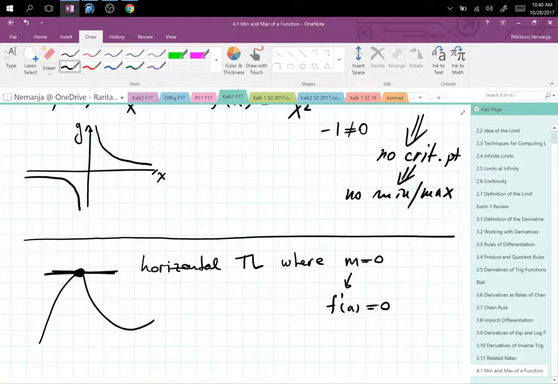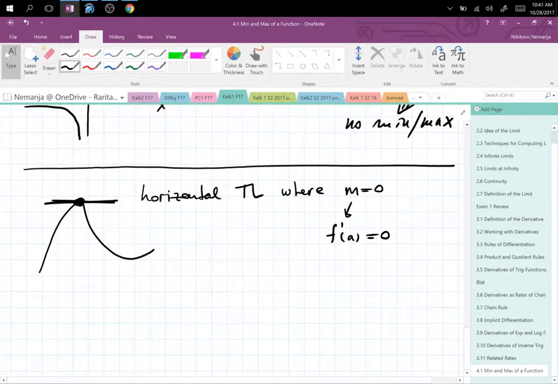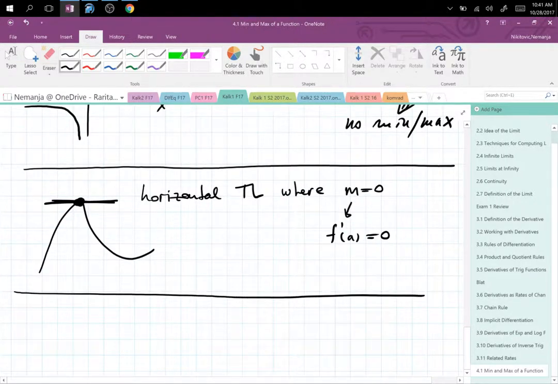You know that the slope is 0, so that's why we are equaling the derivative to 0, because we are looking for all of the points where the slope has 0 value. So where we have what we call horizontal tangents.